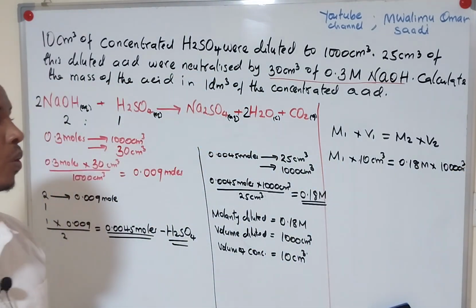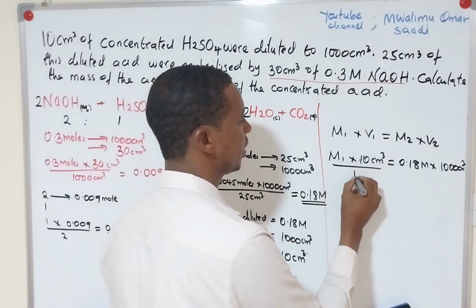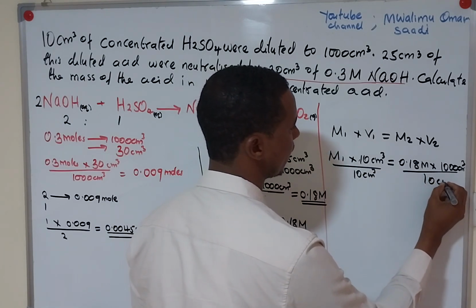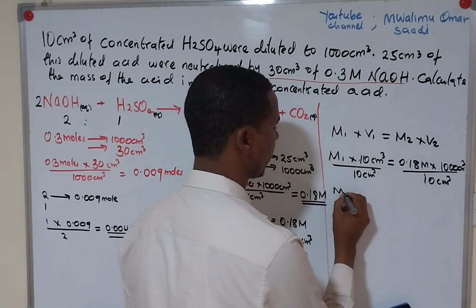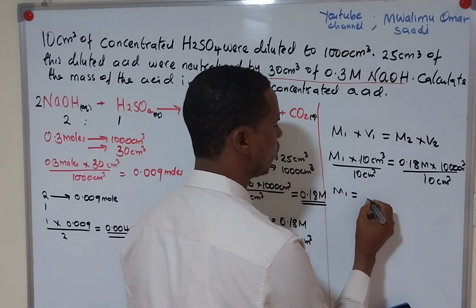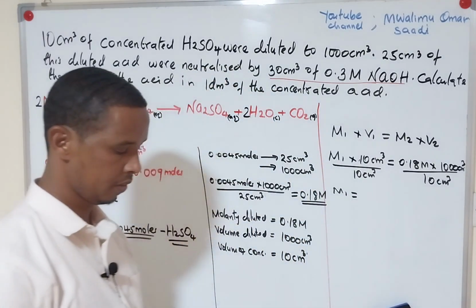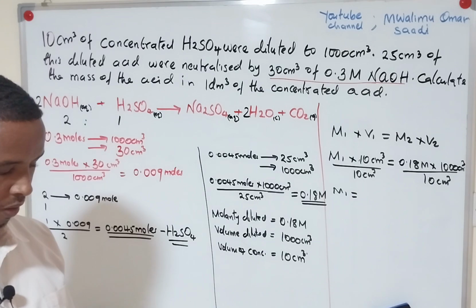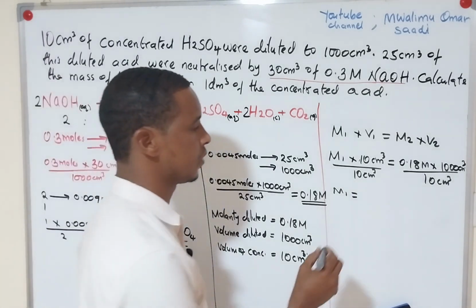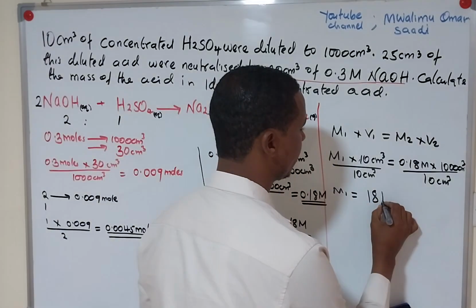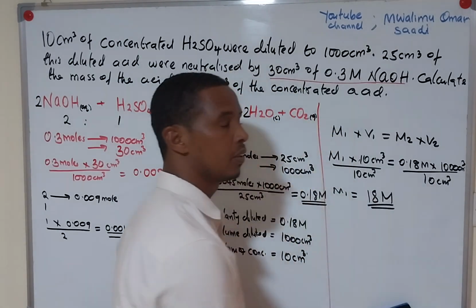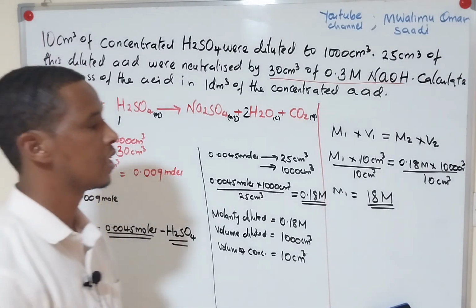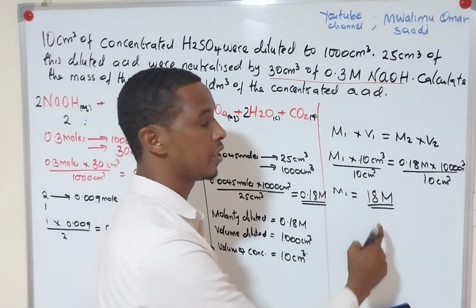So to get now M1, let us divide by 10 and divide 10 on the other side. So M1 is equal to 0.18 times 1000 over 10, which is 18. So the molarity of the concentrated acid is equal to 18.